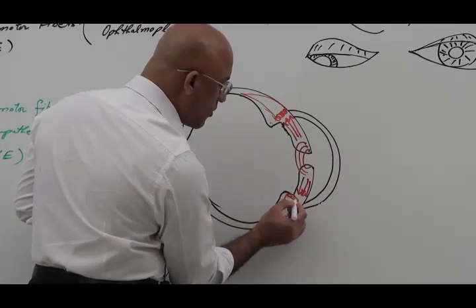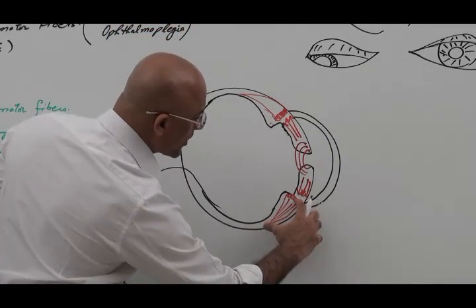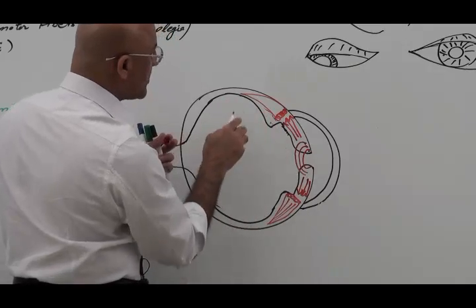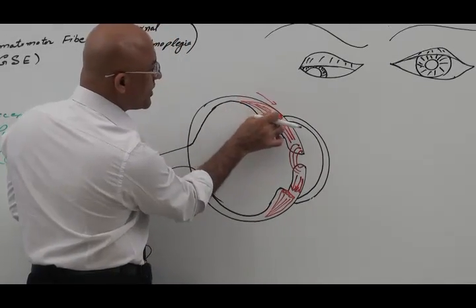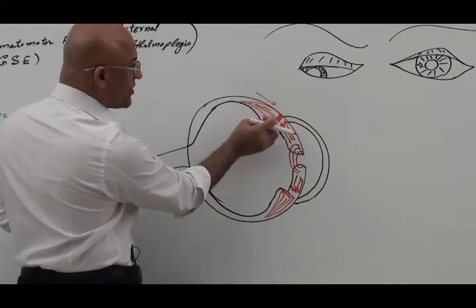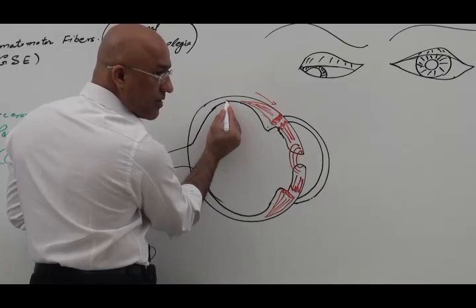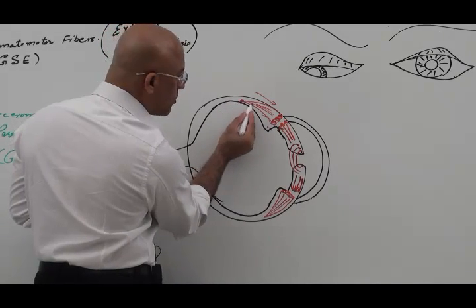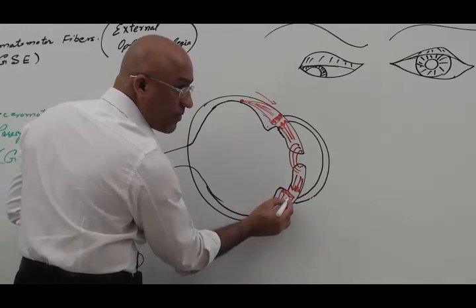This part is fixed and its posterior end is mobile. When it contracts in this direction, right? You get it? When ciliarus relaxes, this posterior end becomes more posterior, and when it contracts, this end moves forward and inward. So when it is going to contract, it will move forward and inward.